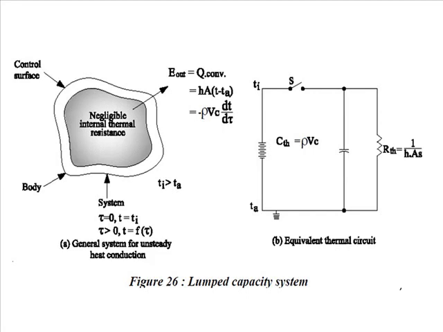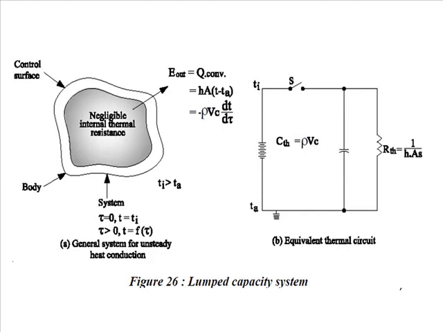Here you can see the energy leaving the system, that is heat liberation, equals heat transfer by convection only, because it is totally controlled by the external resistance, that is convection heat transfer.